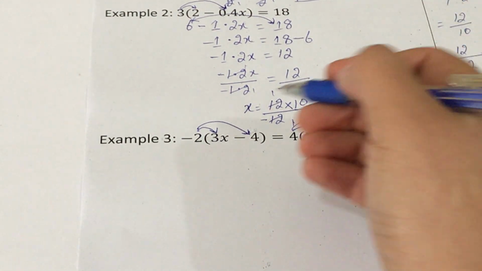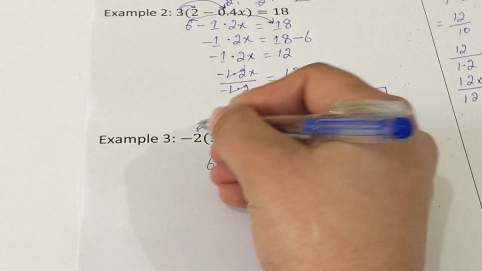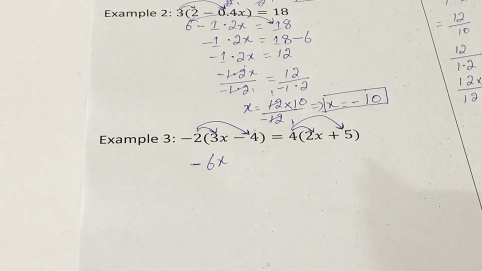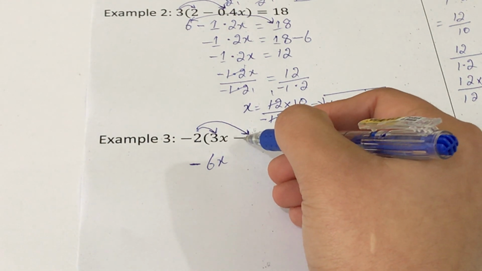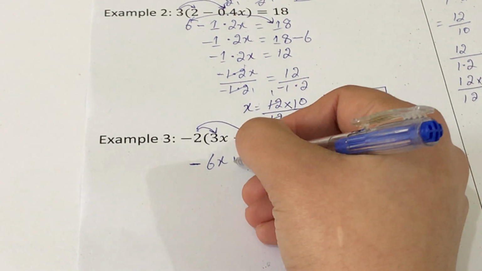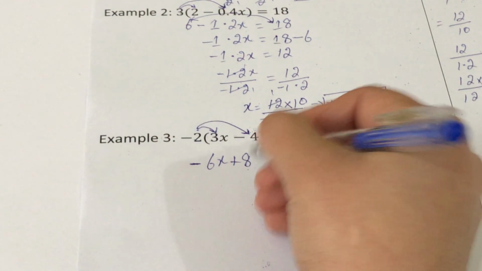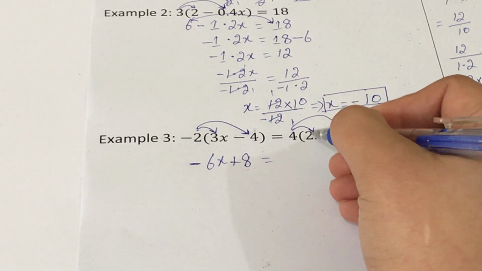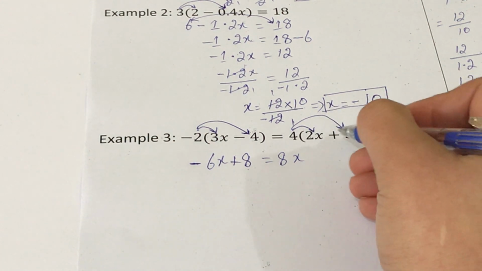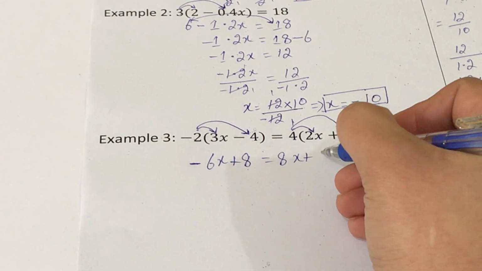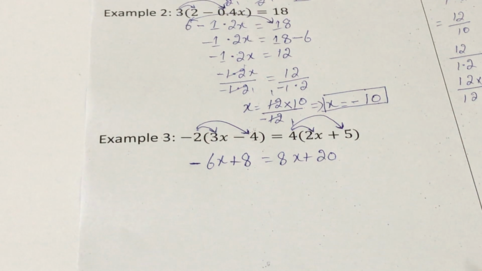So 2 3s are 6. As 2 is negative, your first term would be negative, right? Now -2 multiplied by -4, minus and minus, plus, 2 4s are 8, is equal to 4 2s are 8x and plus 4 5s are 20, right?